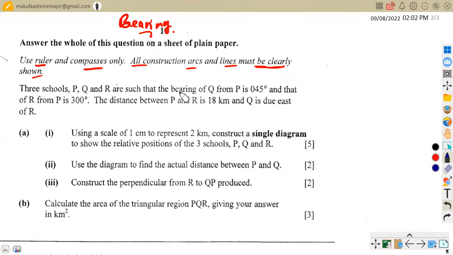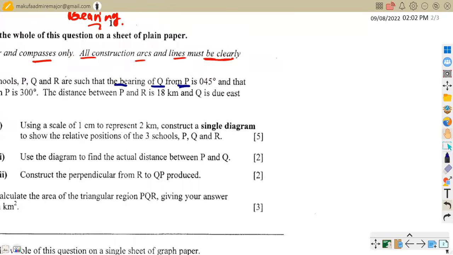We have got the first part here, the bearing of Q from P. Remember, guys, the bearing is always taken where it is given from. So it's from P, which is 45 degrees. So let's just say this is our P here. So we've got our North Pole at P. Okay, so this is our point P that we have.